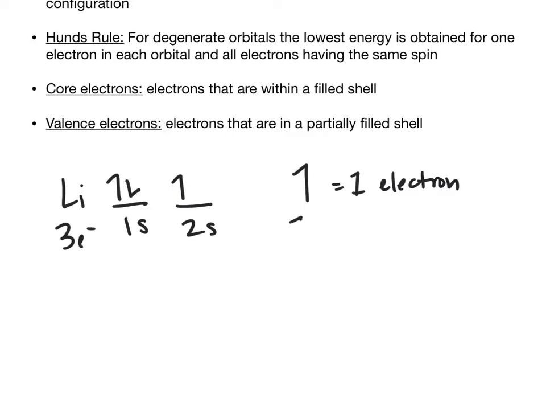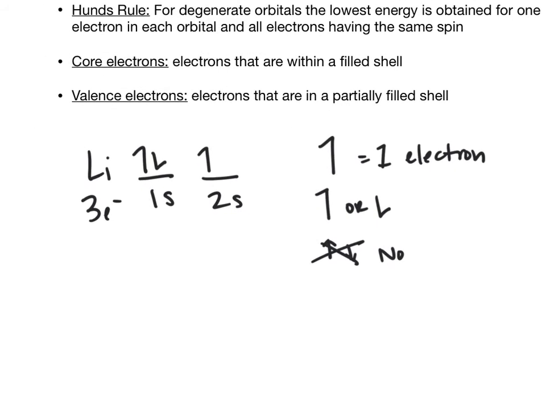It is either 1 this way or this way. We do not see this. This is a big no. So the single barb means a single electron. The double barbed, in fact, means something quite different in chemistry. So just make sure that you're drawing the right type of arrows.